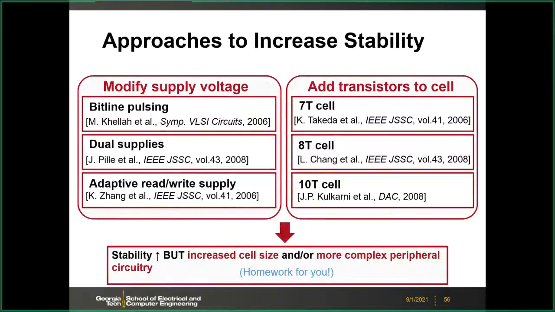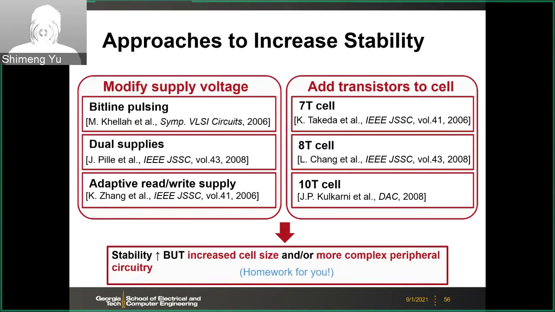And then there are many approaches proposed to increase the stability. And here we can have two categories of approach. The first one is to modify the supply voltage. So we are going to play with the biasing, the waveform or the pulsing scheme.